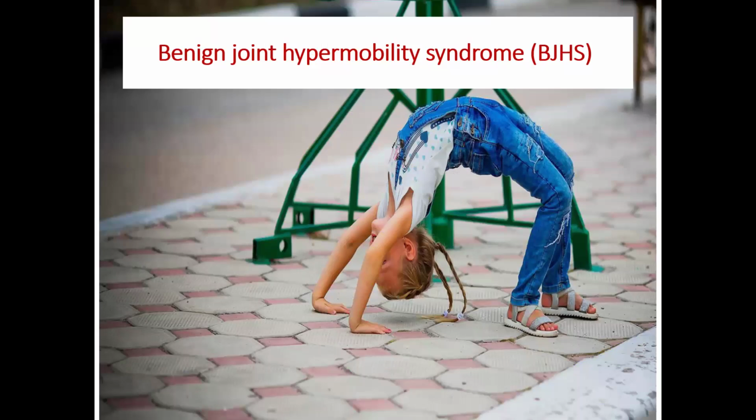One of the problems that you see is benign joint hypermobility syndrome. This is a very common problem, affecting almost 10% of adolescents. But it's not a severe problem. These patients will have very flexible joints, and unfortunately, they might get injured because of that. They need education.